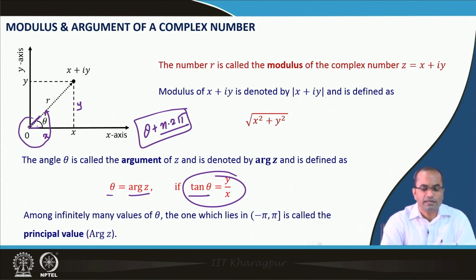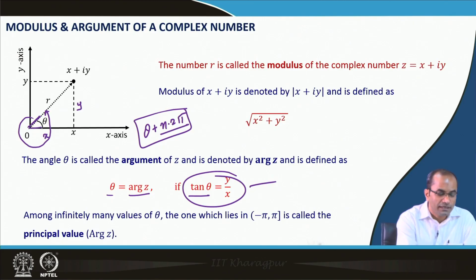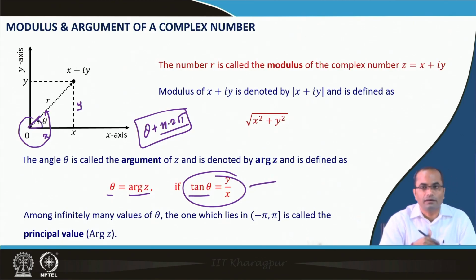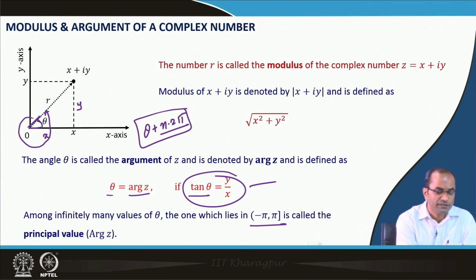That will also satisfy tan theta equal to y by x, representing the same angle with this rotation. So, there are infinitely many such values of theta, but we will just choose between minus pi to pi.